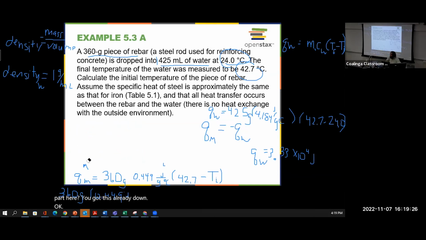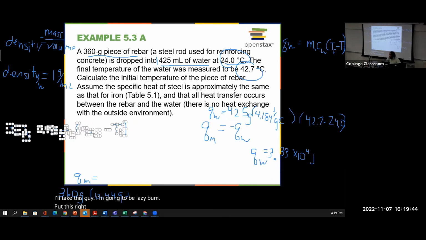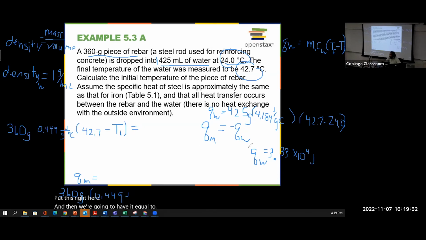And what is this guy? It's right here. And we're gonna have it equal to its value. Okay, so now what we want to do is solve for TI.